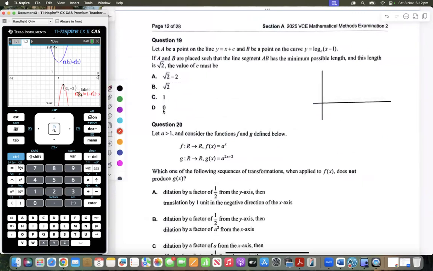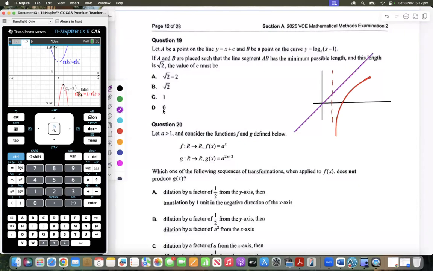So then your log graph goes like this. You're supposed to find y equals x. That's the line y equals x.